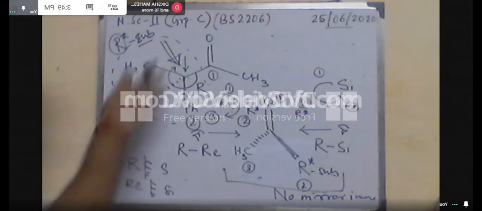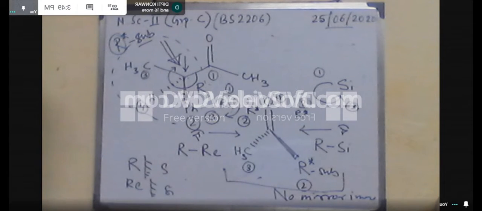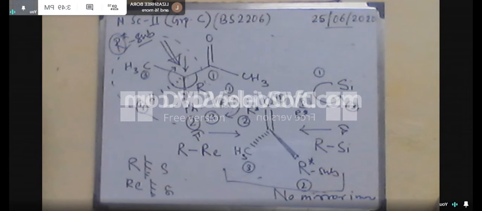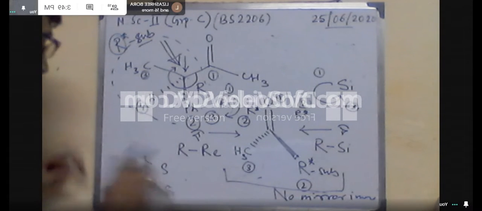Now apart from this, if we focus on the mechanism, we know that in metal hydride the H minus acts as a nucleophile. So before specifying the example, let us focus on the nucleophilic addition reaction in the carbonyl system.